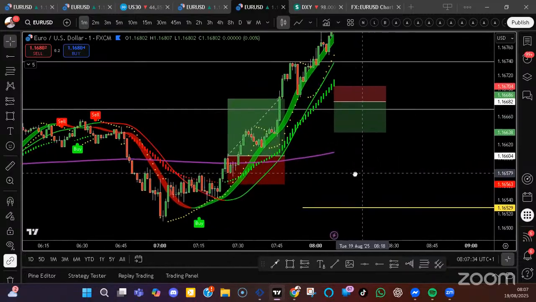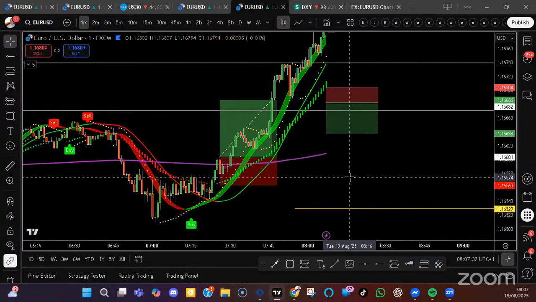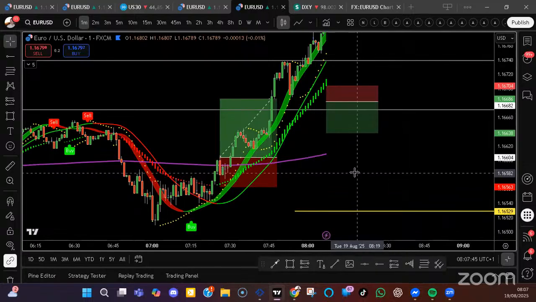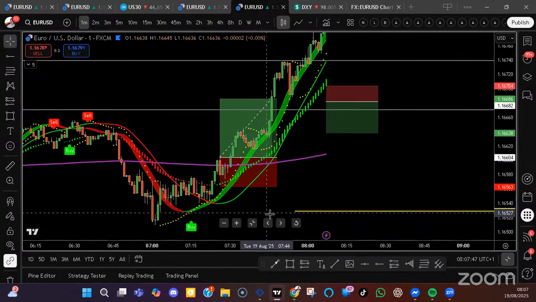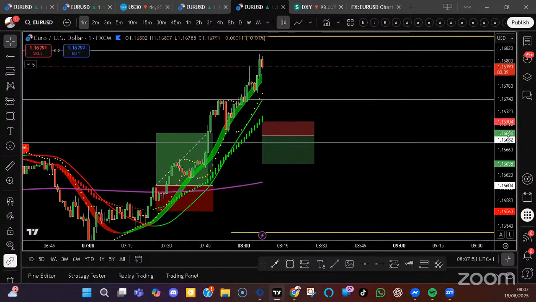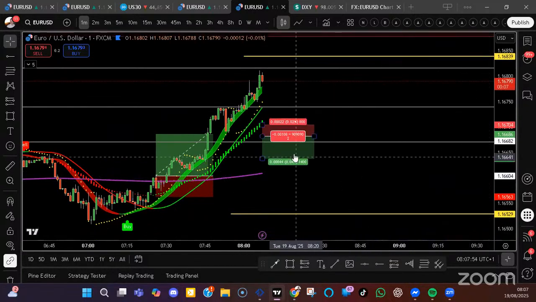So that's the basis of the Academy 55 system. Everything else that I've marked up and told you is external information, not to confuse you, but to give you extra power and an insight of why price goes to certain areas.